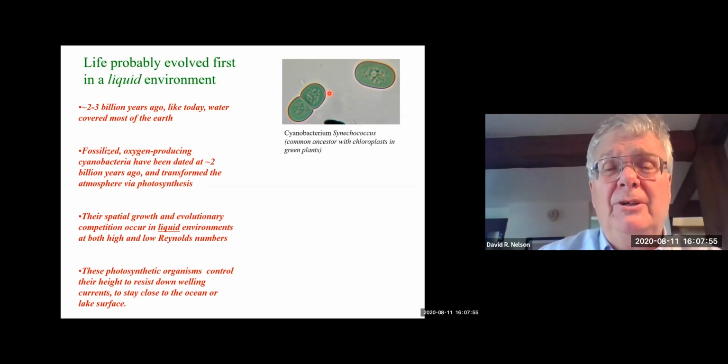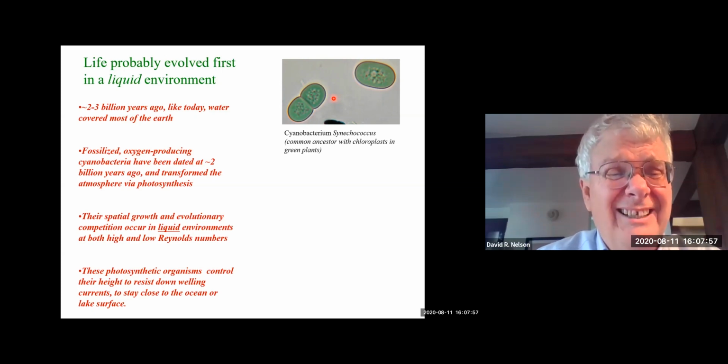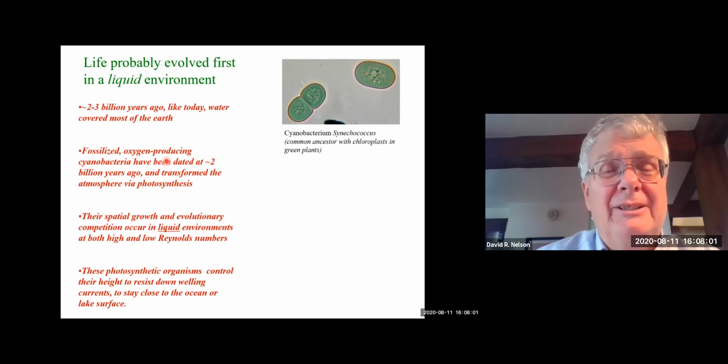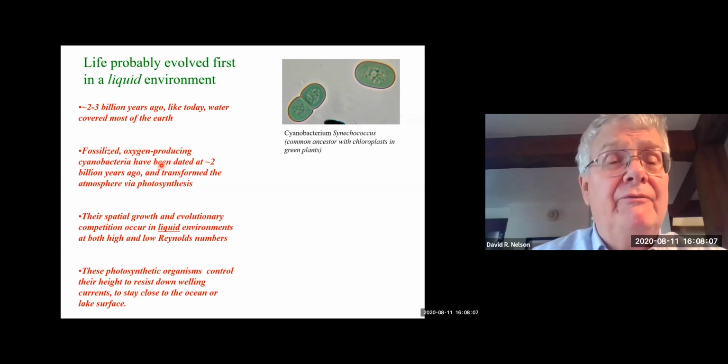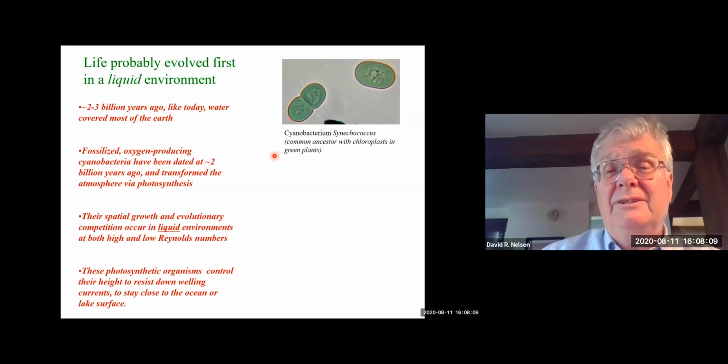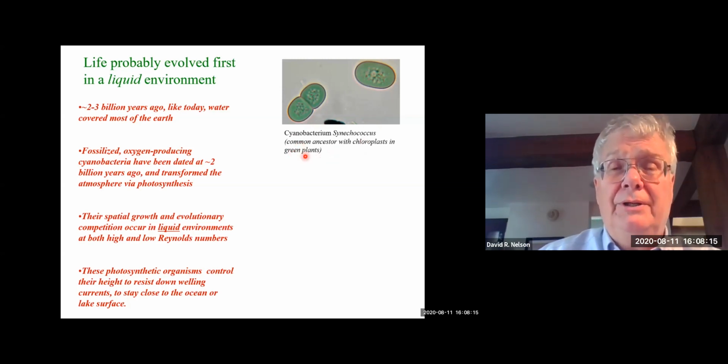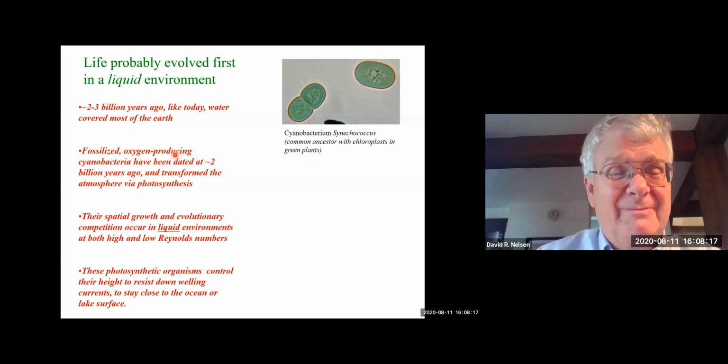There's an example over here in the upper right, Synechococcus, that goes back maybe 2 billion years. And these bacteria, notice they're green, transformed our world because they invented photosynthesis. In fact, these Synechococcus have a common ancestor with the chloroplasts that eventually were incorporated into green plants.